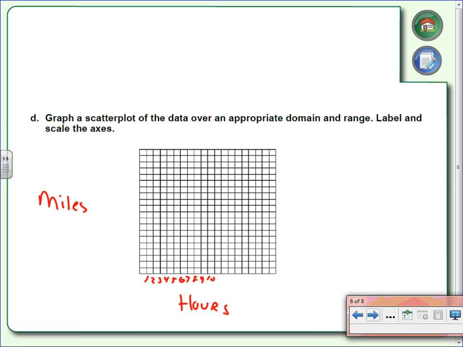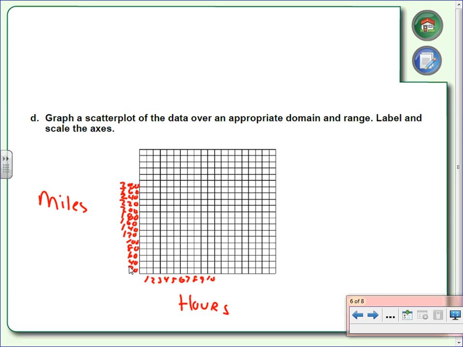So let's go ahead and do that. 20, 40, 60, 80, 100, 120, 140, 160, 180, 200, then again, 220, 240, 260, 280, and so on. We need to do it this way to make sure that we can get all the way up to that 250 mark.